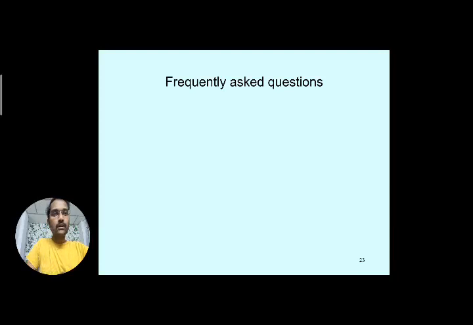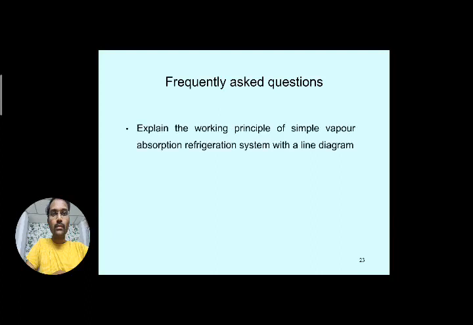Next, the frequently asked question. If it is a short type, they may ask you to draw the line diagram. If it is a 5 marks question, draw the line diagram of a simple vapor absorption refrigeration system. Or they may ask to explain the complete working principle, component wise, what is happening and how you get the cooling effect in the evaporator.